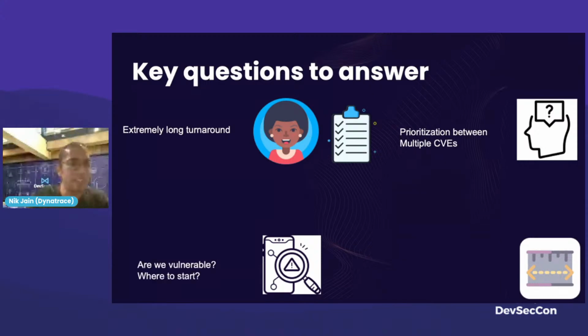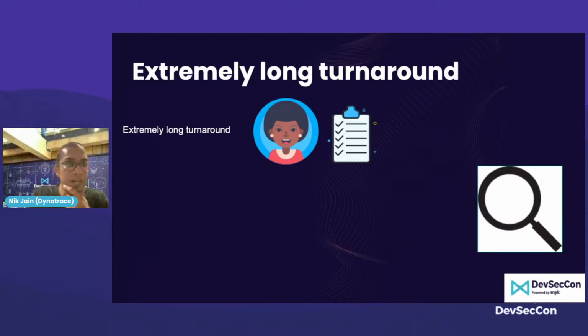And the third one is, are you vulnerable in production environments, which is where most companies are exposed, and where do you start? That's linking back to the second question, the prioritization challenge. And lastly, how widespread is this problem across tens of services, hundreds of services, and how do you automate the mitigation steps?